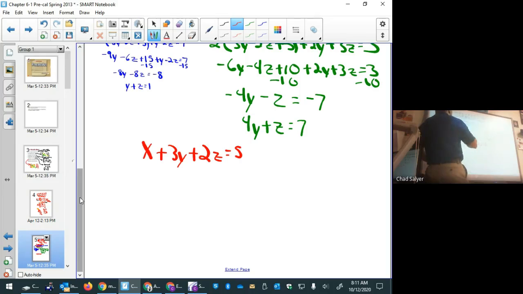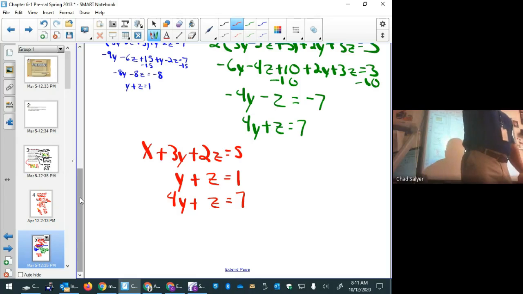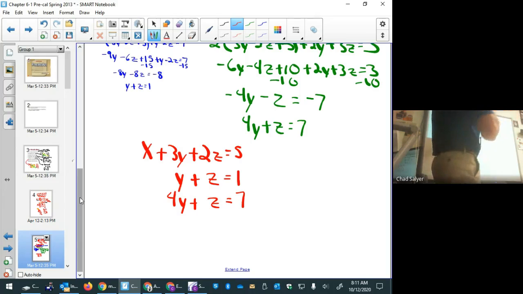This second equation, y plus z equals 1, and then 4y plus z equals 7. So that's our first step in moving to what's called triangular form, which is analogous to REF in a matrix.